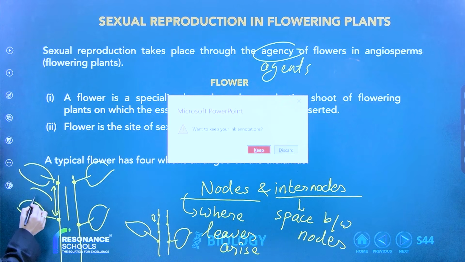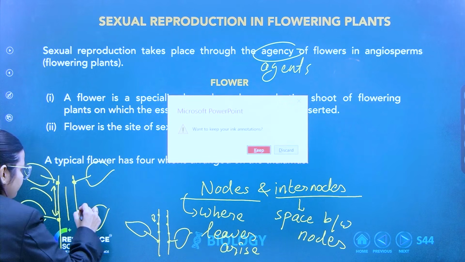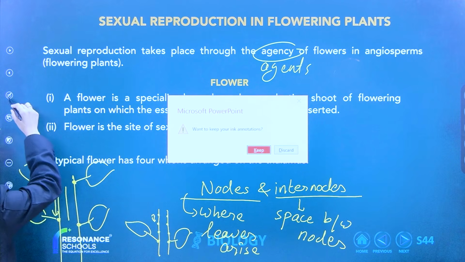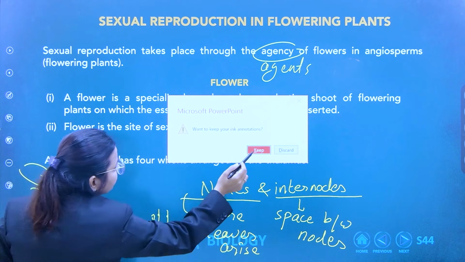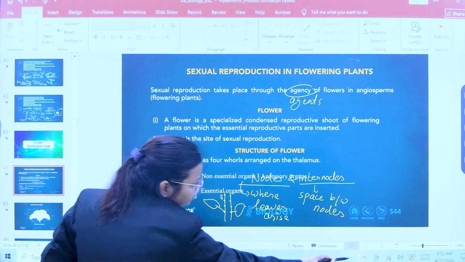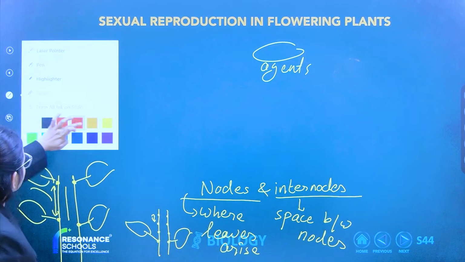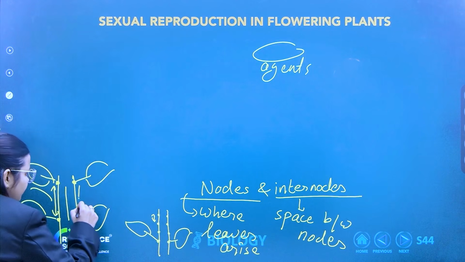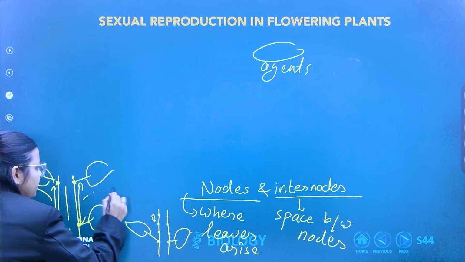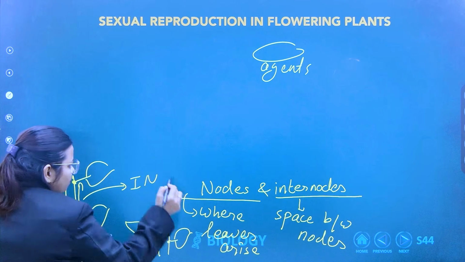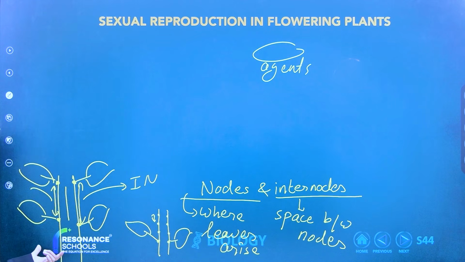What is it called? Internode. So now you get nodes and internodes.